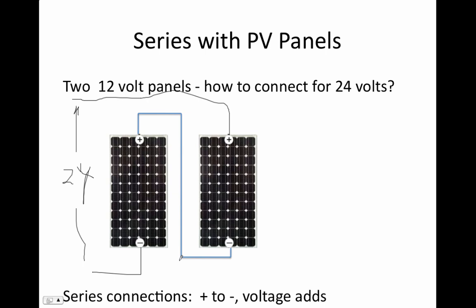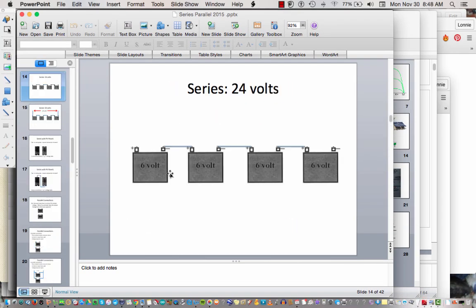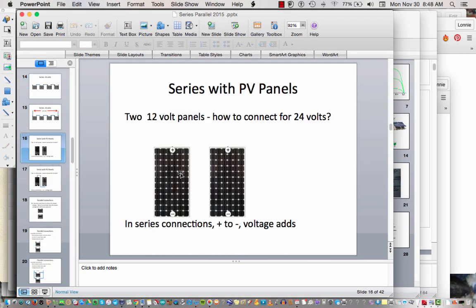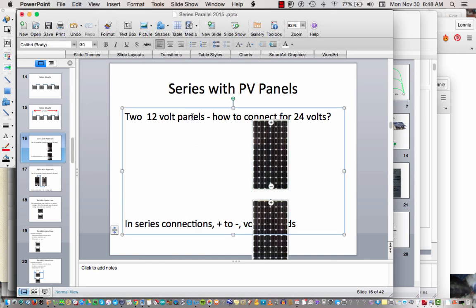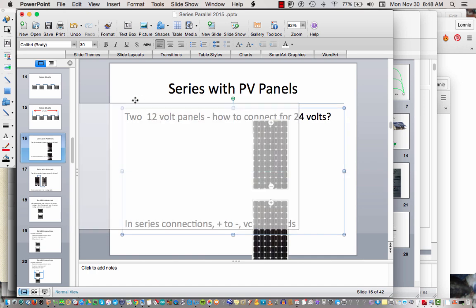Now, it might have been better, let me see if I can go ahead and do this really quickly. If I wanted to be able to easily compare it to the batteries, and I had drawn these two like this, let's just move this out of the way.